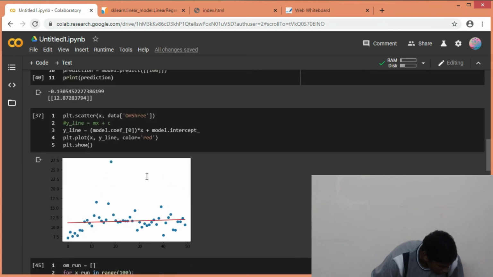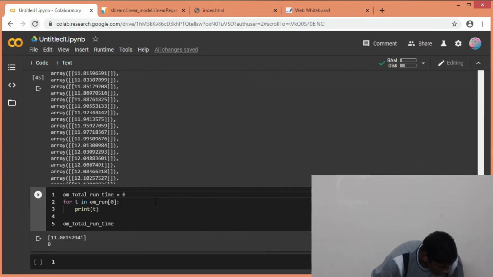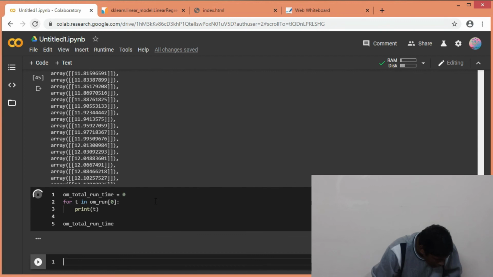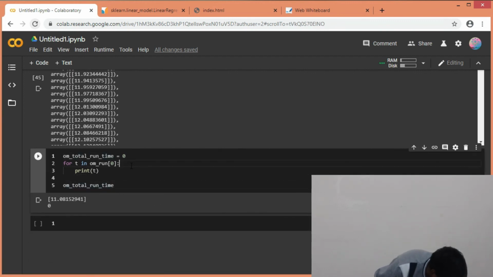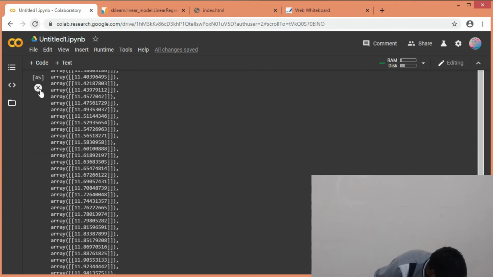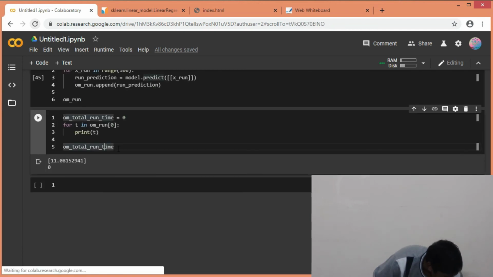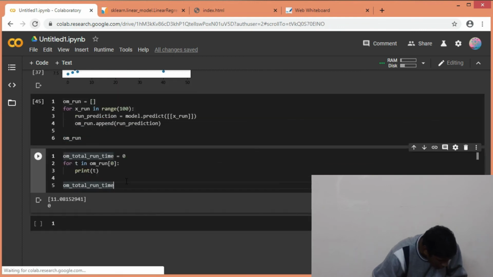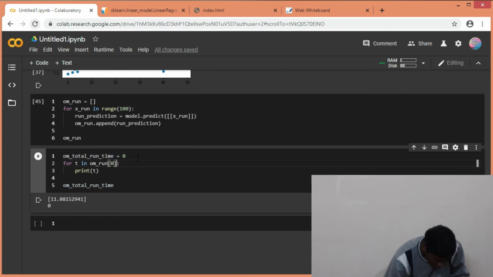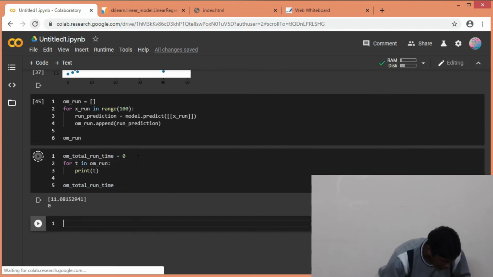Yeah, so Om run is actually this list. Error. Put a runtime run. Ran for this long and there was this prediction. Made the list. Let's see this.